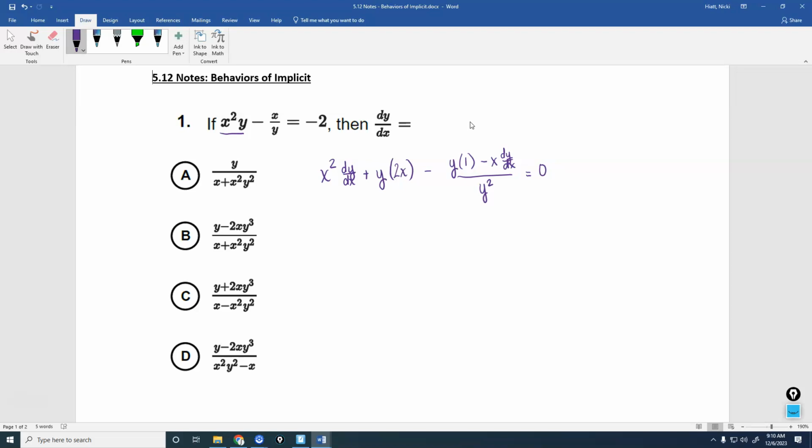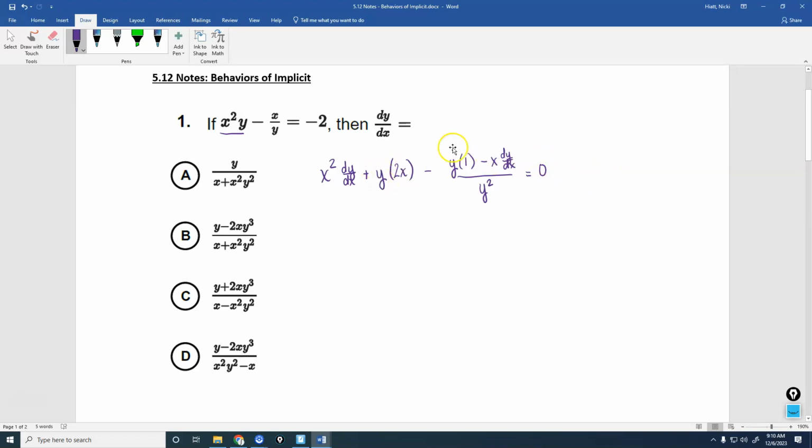I actually think we're going to have to do common denominators at some point. There are several ways you could deal with this from here. What we cannot do is multiply both sides by y squared and have it multiply by that 0, because it's going to go away and it's not going to give us the right answer.